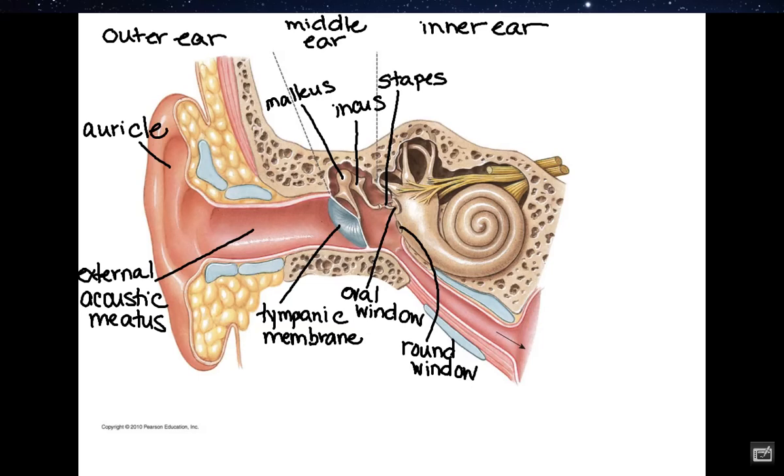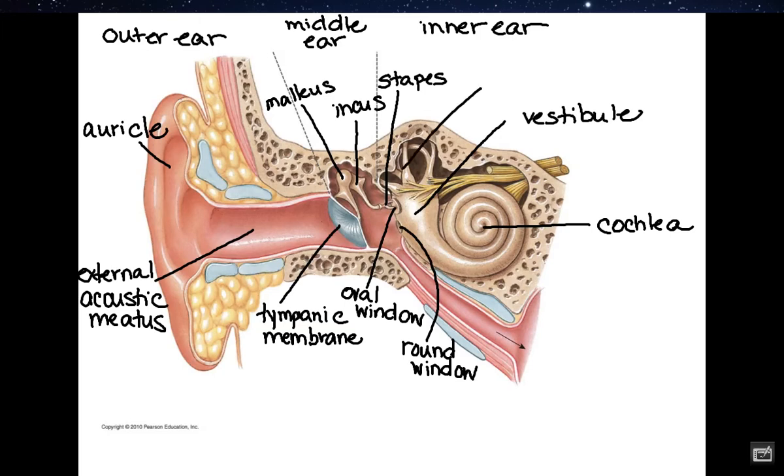Now the other structure in the inner ear is this kind of snail shell looking thing. The main part of the snail shell is called the cochlea. But then it also has a couple of areas up here where the head would be of the snail. So this enlarged area here is called the vestibule.